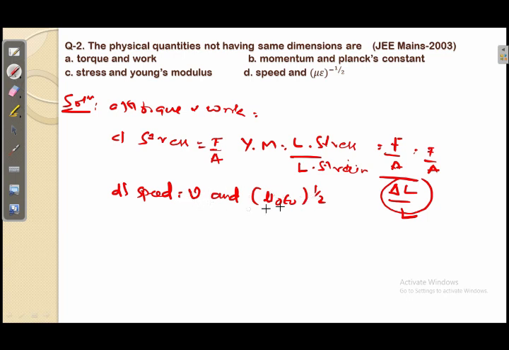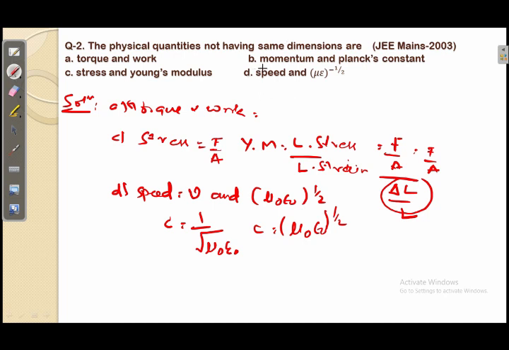These two quantities also have the same dimension: velocity of light c is equal to 1 upon square root of mu naught into epsilon naught, that is c is equal to mu naught into epsilon naught whole raised to minus 1 by 2. Here c is nothing but the velocity of light, so that is same as v. So here also option D is wrong.